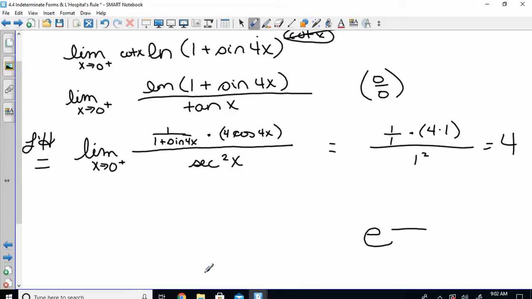So my final answer is not 4, it would be e to the 4th power. Okay. Any questions on that one?